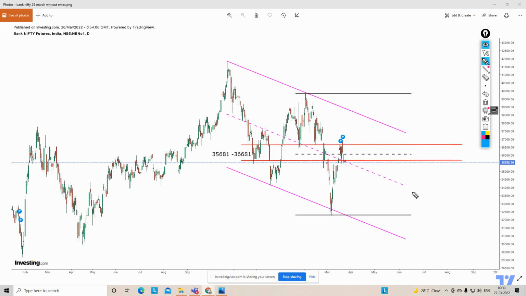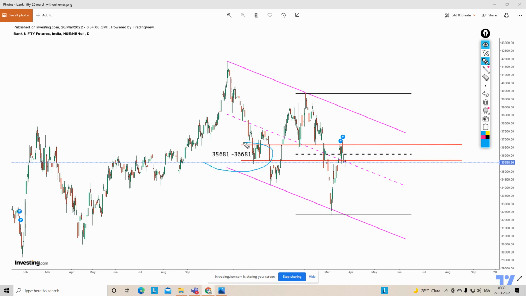Correct? That is A. B. You see this area 35,681 to 36,681, which is marked in the red color band, which looks like a sideways zone. This is the trend decider for the Bank Nifty as far as the downward or the upward movement is concerned.